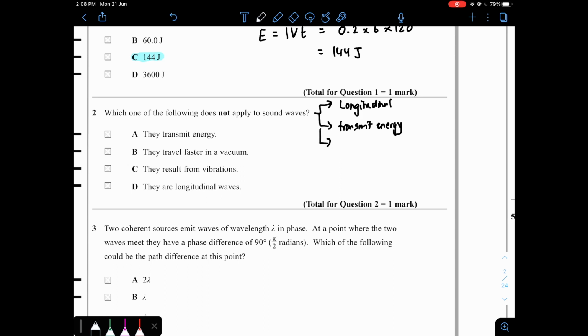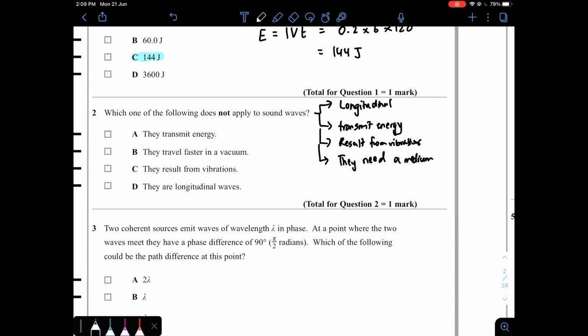They result from vibrations, and also they need a medium to travel through. Now, having said that, let's see which one of these does not apply to sound waves.